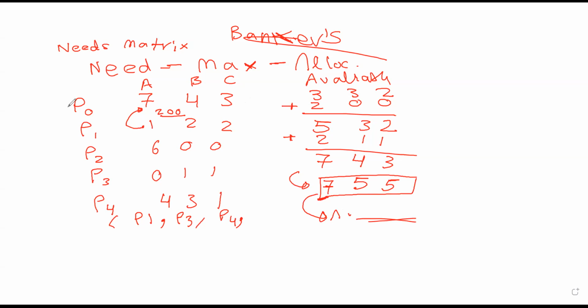Can I satisfy the needs of process 0? I can. I have 7, 5, 5, which is perfectly within my need for P0. The only process that is left now is just P2, which I definitely have the resources for. So that will be P2.